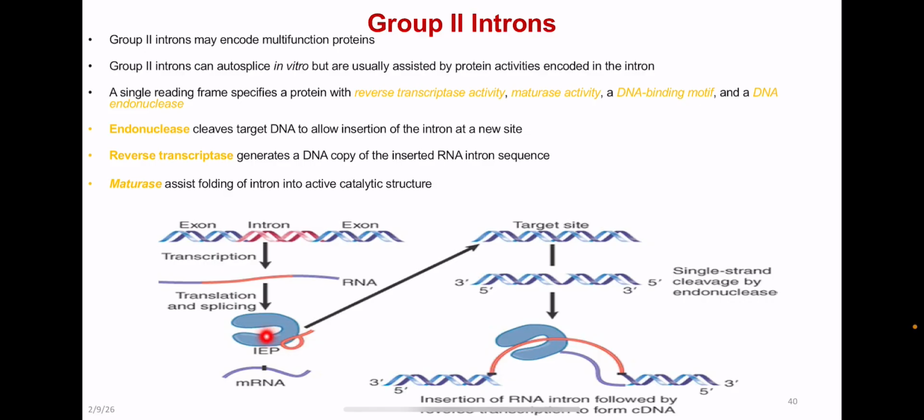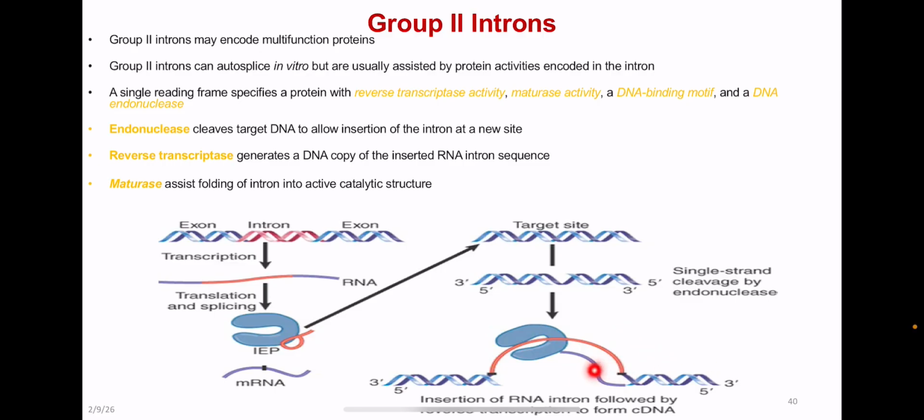Just like the group 1 introns, they can also move from one DNA to another target site. The protein is called the intron encoded protein, or IEP. So the IEP will move to the target site wherever it's supposed to go and use the endonuclease activity part of it to cut the target site.